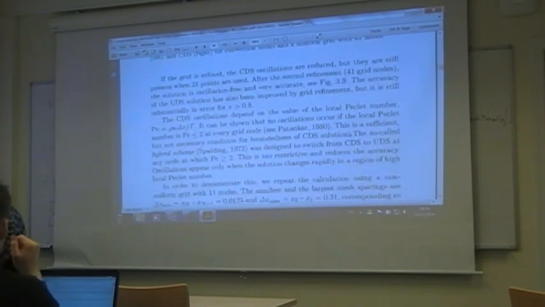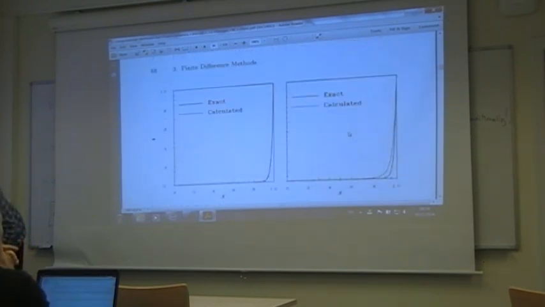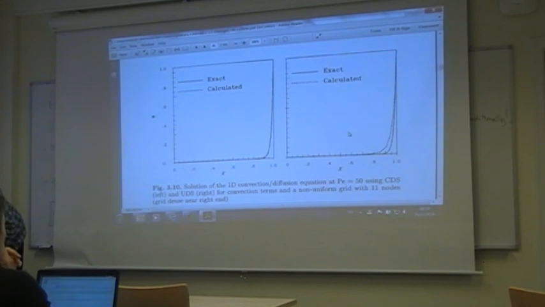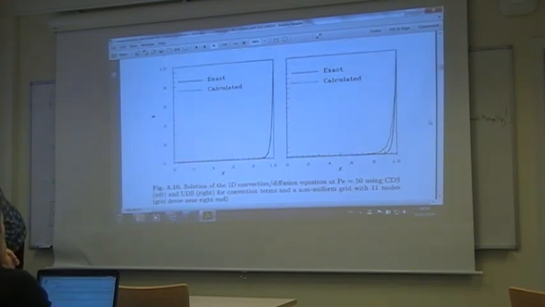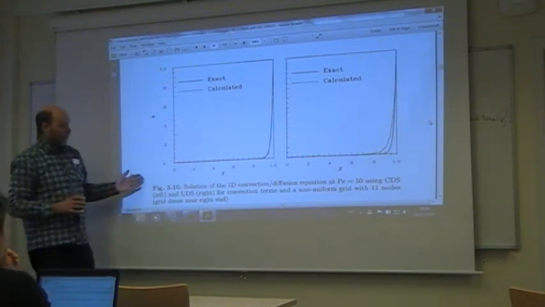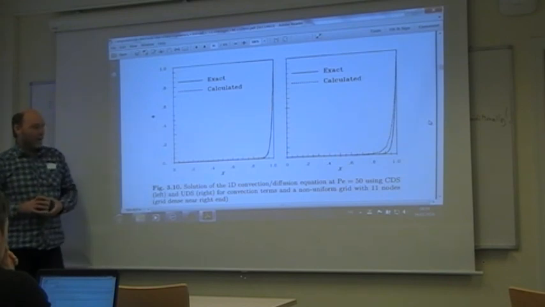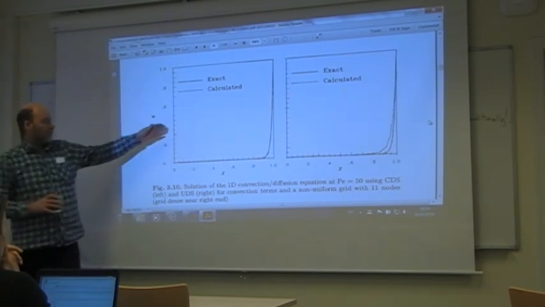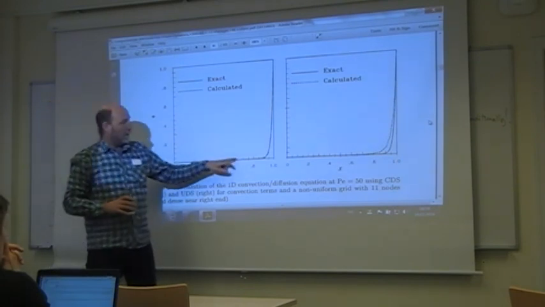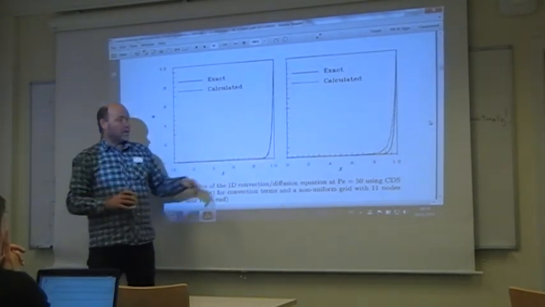Let's see if that is the case. Yeah, so here he has used just the 11 points, but with a non-uniform mesh, just stretching the mesh. So to the left you have the central scheme, and he fits it now very nicely indeed.